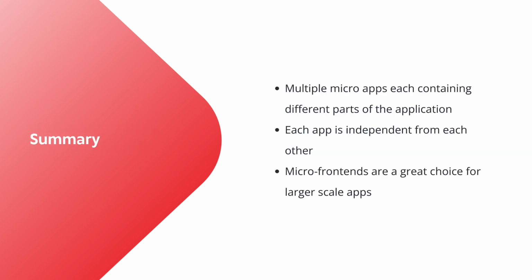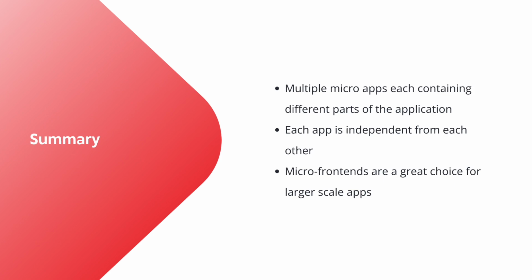Yeah, so in summary, multiple micro apps, each containing different parts. Basically, you can think of micro frontend as different small applications running behind the scenes. It combines them and makes it seem like we are using one single application.